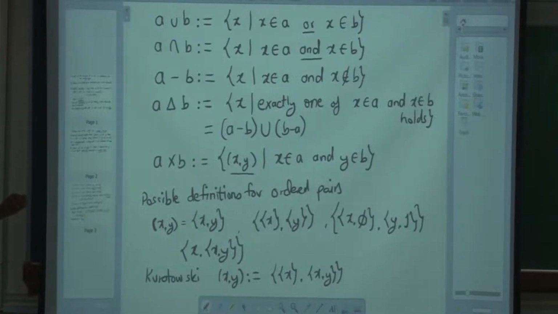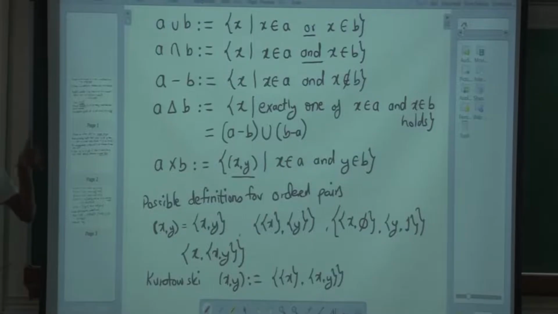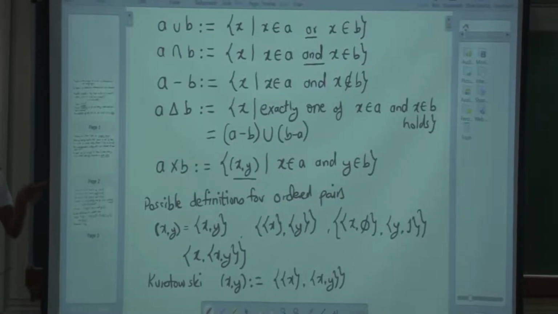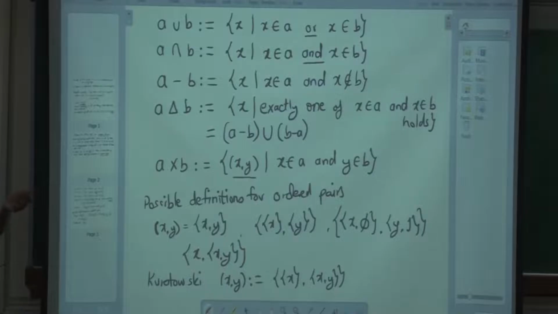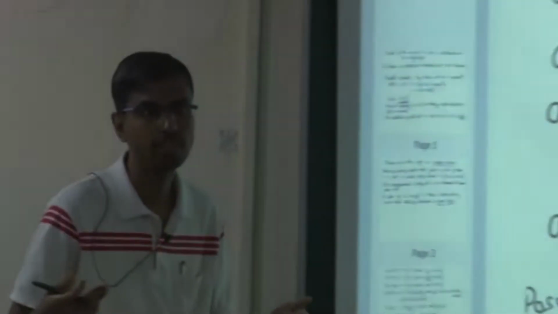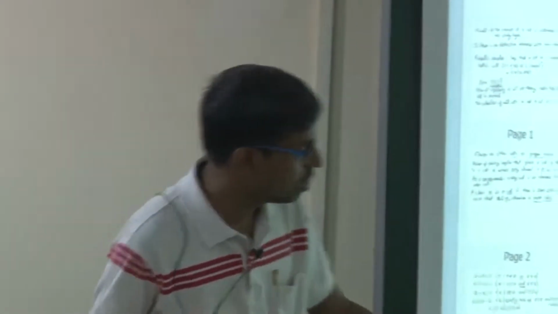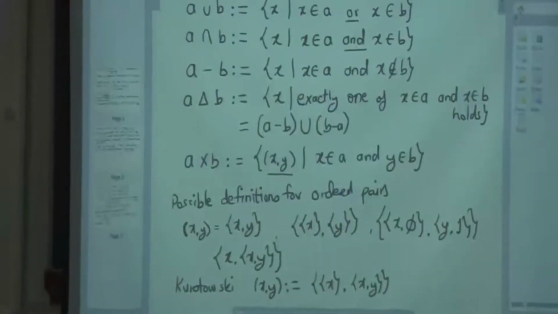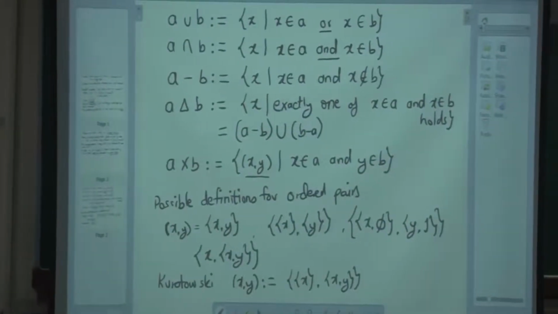So what is (x, y)? It is the set consisting of two elements. The first one is singleton x, the second one is x comma y. What is the purpose of this? Because we want everything that we talk about to be a set. So therefore from this you can obviously get the first coordinate and the second coordinate.